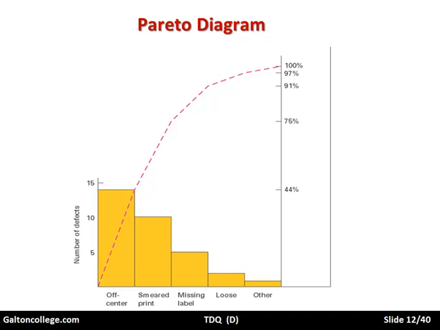So when we add all together, we've got 100% of the problems, and we can see that, let's say, 44% of them are caused by off-center. Between 44 and 75, which is 31, is caused by smeared print. So we're just adding up and moving across, and that's how we get the cumulative curve.